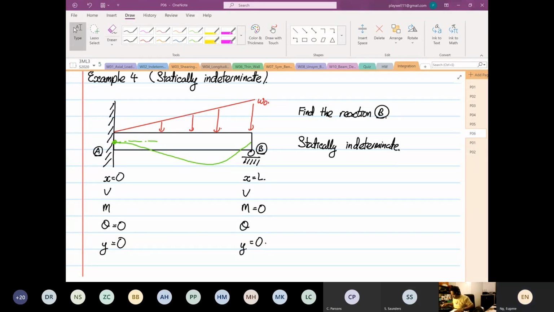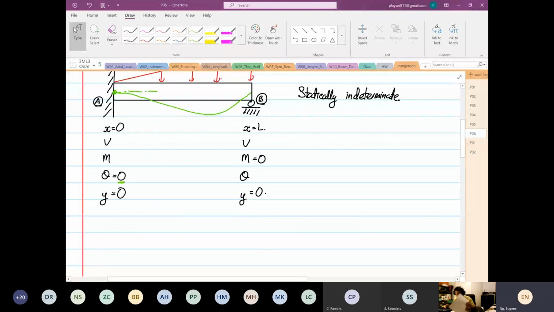Now I lost my pen. So now we know why theta is equal to 0 over here. I'm going to use positive shear and positive bending moment for this. Later on I will tell you why integration will not work.